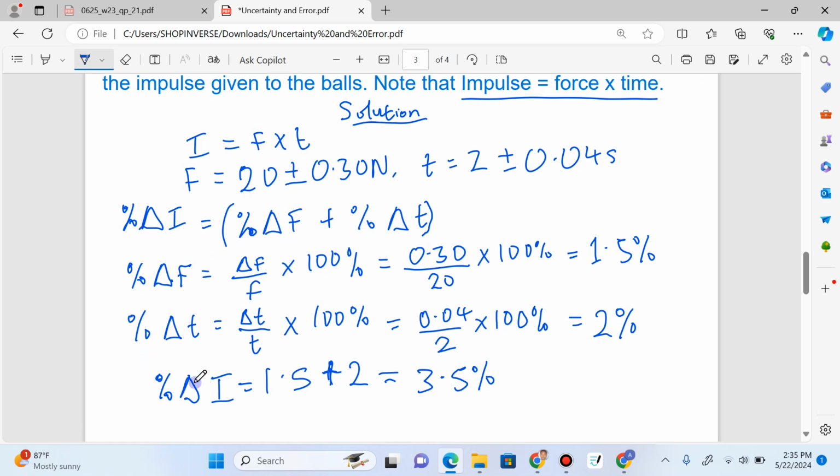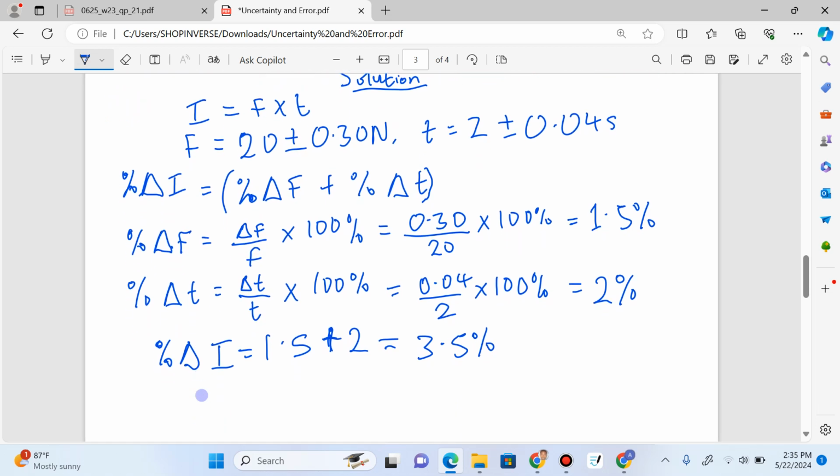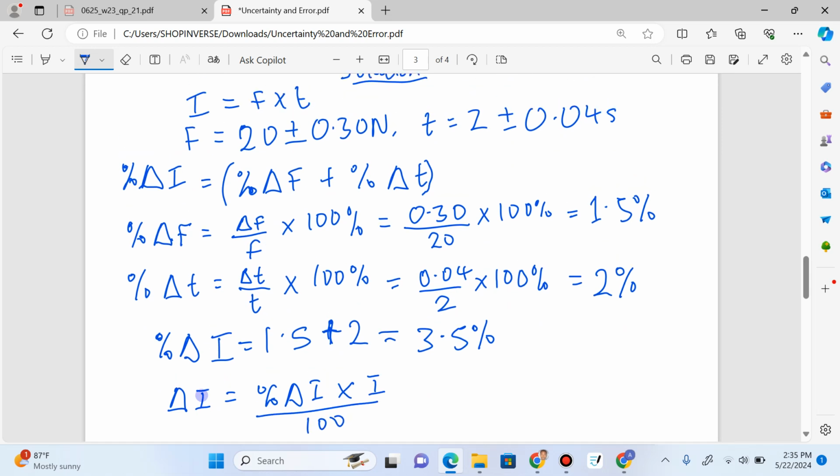So now that I've gotten the percentage uncertainty in impulse, I have to go back and express it as an absolute value. Absolute uncertainty in impulse equals percentage uncertainty in impulse multiplied by absolute value of impulse divided by 100. Have I gotten the absolute value of impulse? No. How do I get it?